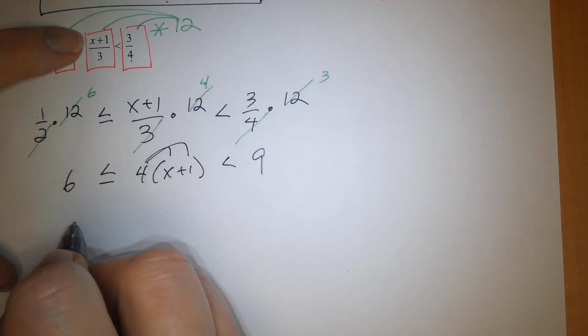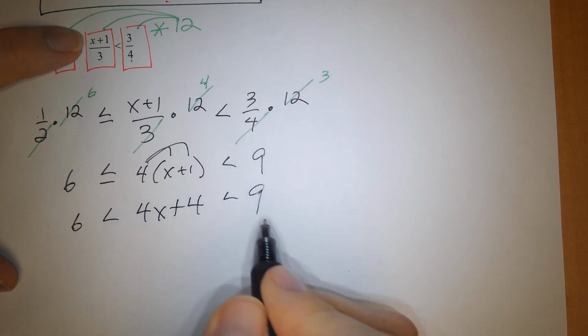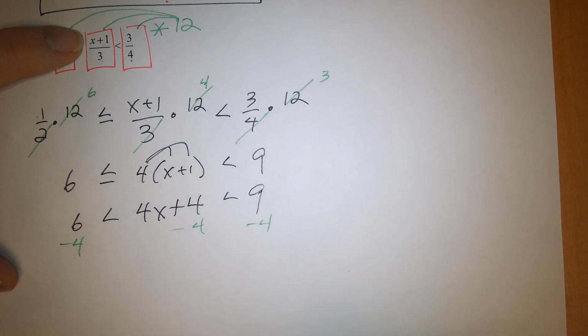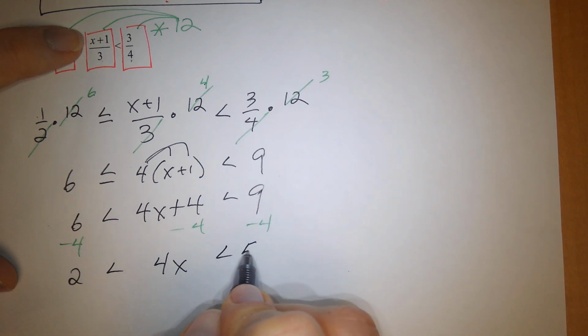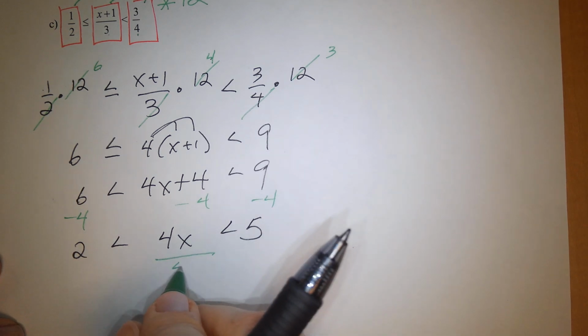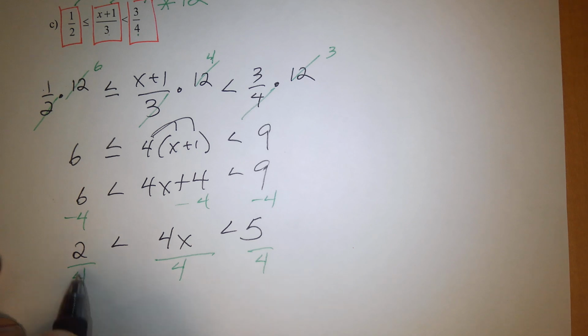So let's distribute. Let's subtract the 4. Let's divide out the coefficient. 2/4 reduces to 1/2.